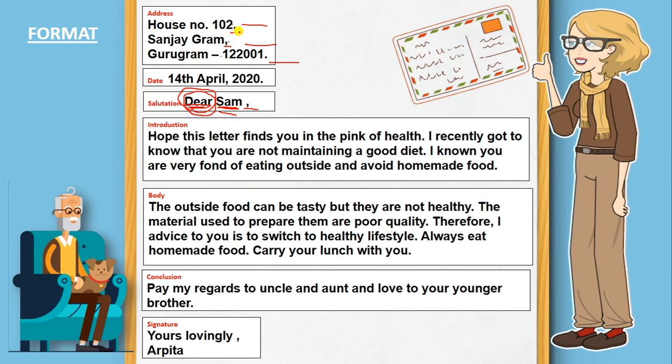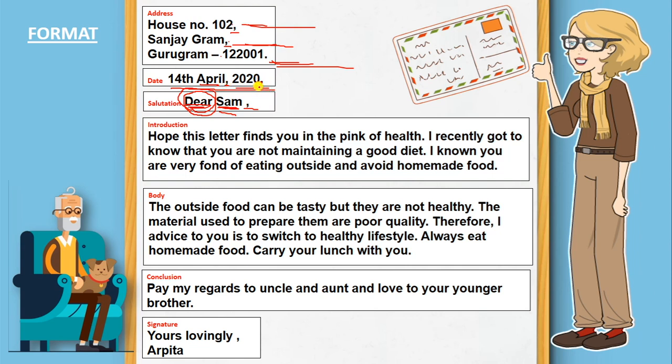But it's India only, so we are not writing that. Otherwise, we would have written it. So the top 3 lines we will write the address. 3 lines are allotted for the address, and then we are leaving a line and we are writing the date, and the date will be written in this format only. You have to write 14th of whatever month and then year. Give a comma here and a full stop here.